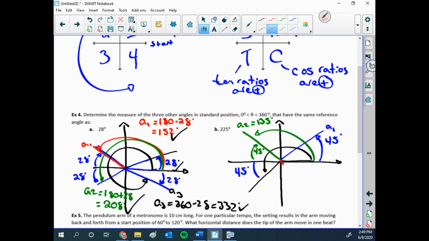And the last arm would be right here, arm 3, which would be all the way around to here. So 360 minus 45, which is 315 degrees. Each of these has that 45 degree reference angle. So 45, 135, 225, and 315 all have the same reference angle.